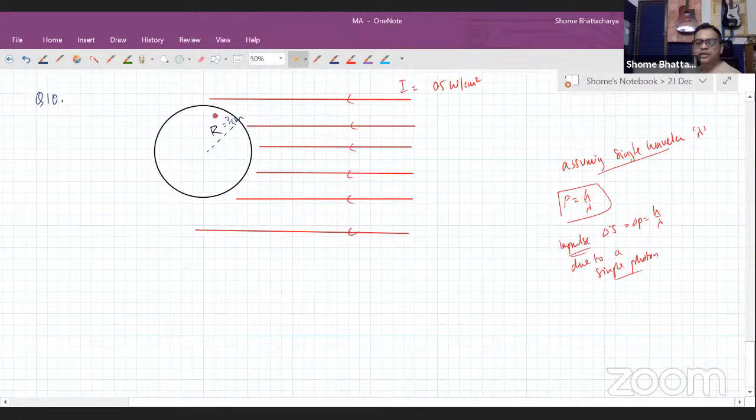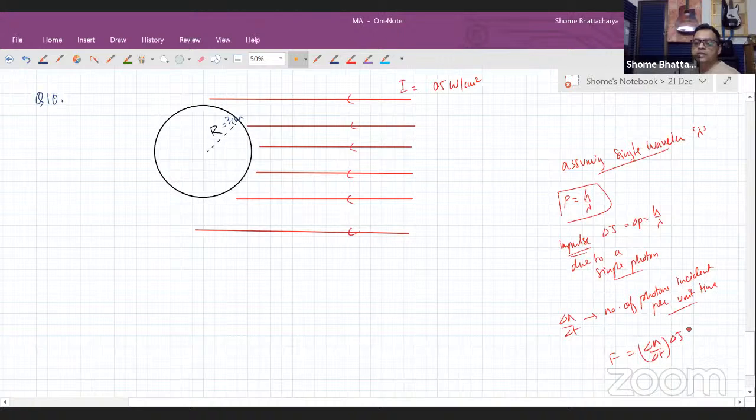Now you have to just find out, per unit time, how many photons are incident on this. If delta n by delta t is the number of photons incident per unit time, then the force will become this number of photons incident per unit time into delta j. So it will become delta n by delta t into h by lambda.